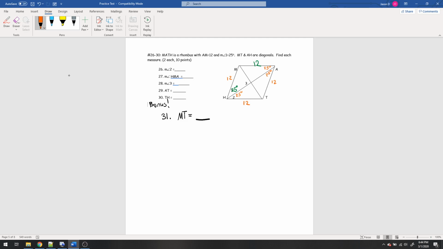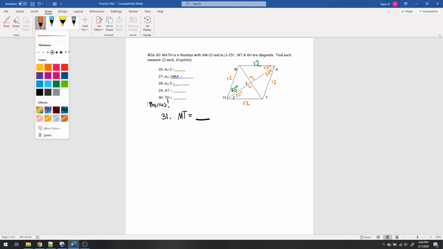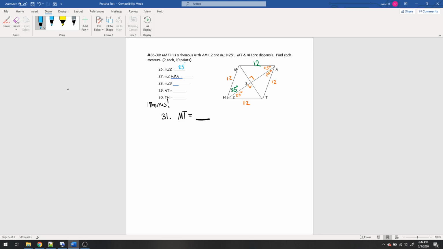So we begin with that kind of information, and in addition, we know that in a rhombus, all of the central angles are right angles because the diagonals are perpendicular to one another. Given this information, we can pretty much fill in all of these blanks. We know angle 2 is 25 degrees.